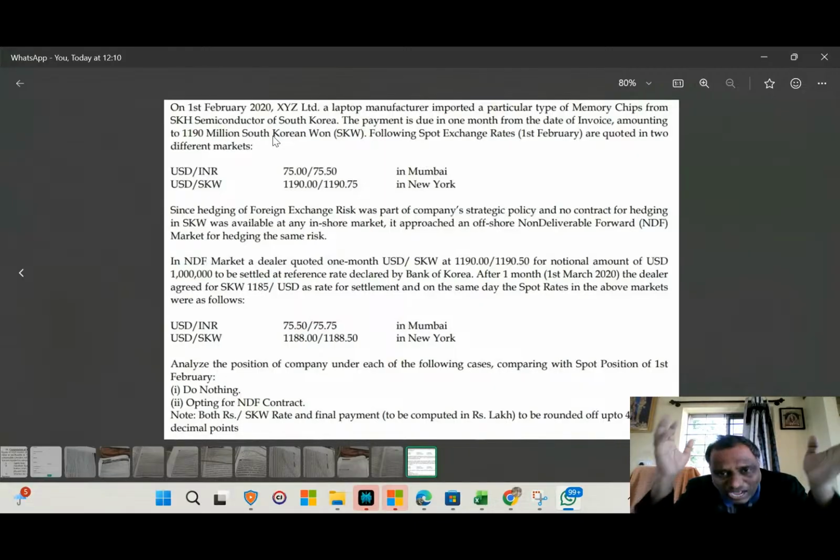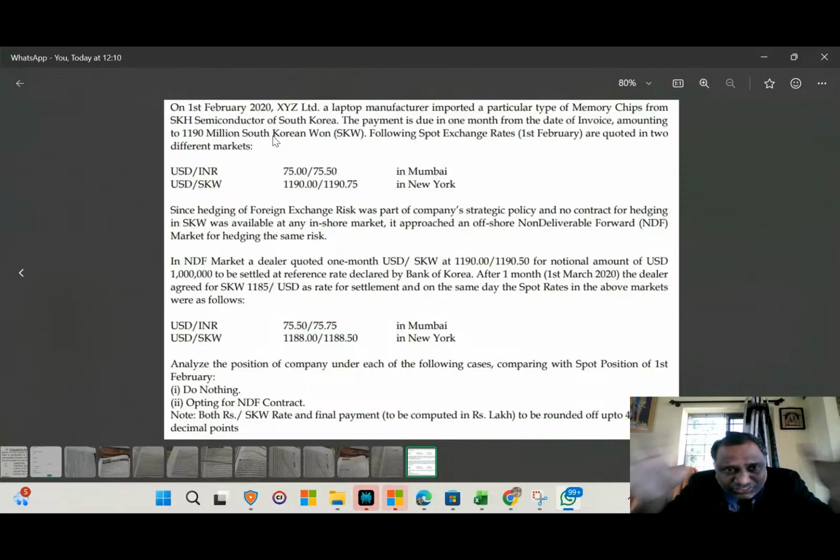So first we need to formulate the problem. The indirect quote we need to bring into the direct quote. And then if I pay today, what risk is happening? If I pay later, what will happen? If I enter with the bank, what rate is it asking? So all these we'll see.